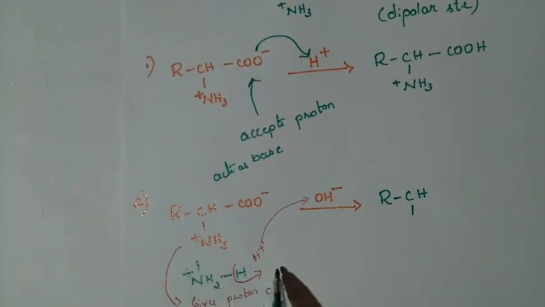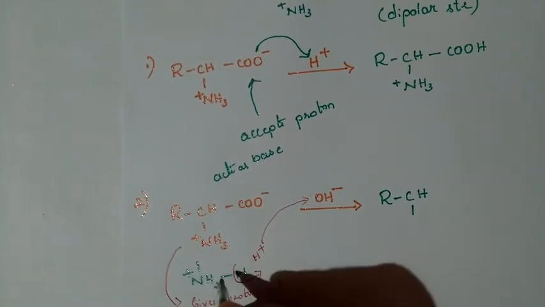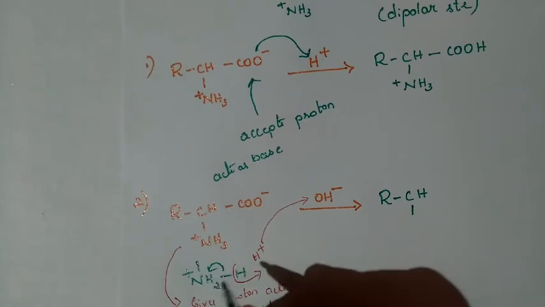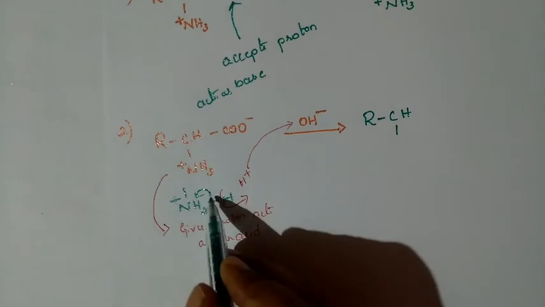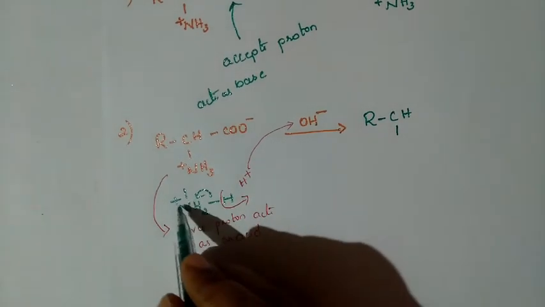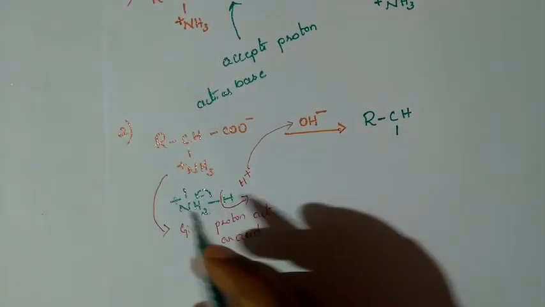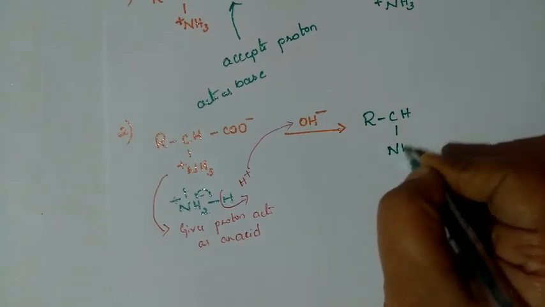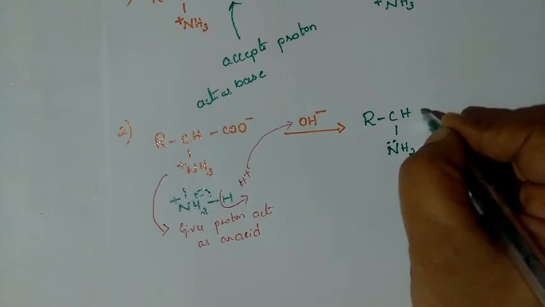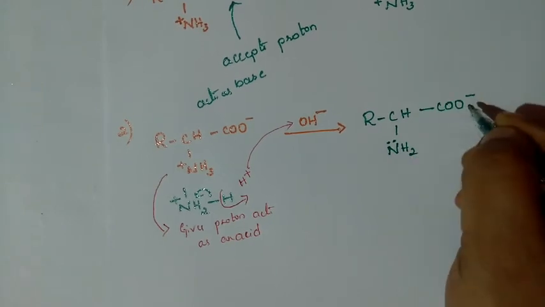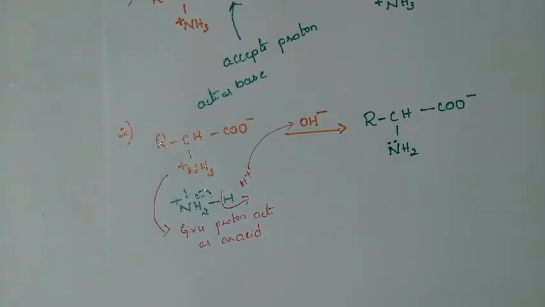If it gives away this H plus ion, this bonded pair is going to shift onto the nitrogen atom, so this positive charge is nullified now. We can write it is NH2, the lone pair is back again, and COO minus. So we have the NH2 group as it is.